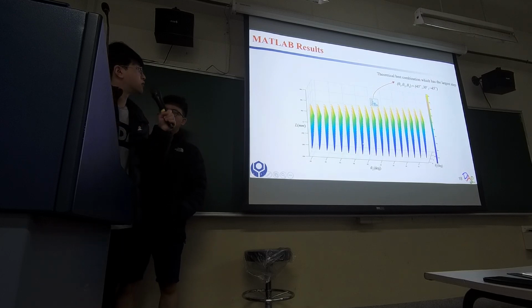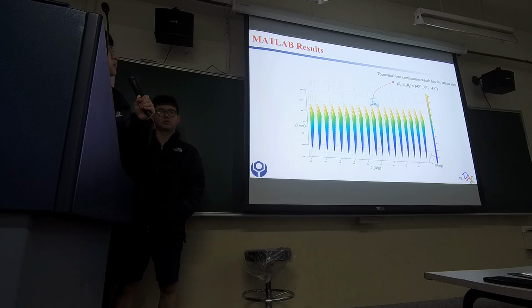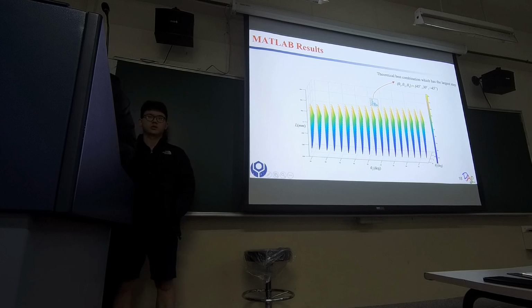So this is our result, and we use many possibilities to calculate the best combination of the theta. We can see in the graphic, the best moving distance for the first step is 200 millimeters, and the corresponding theta 1, 2, 3 are 45 degrees, 30 degrees, and minus 45 degrees.